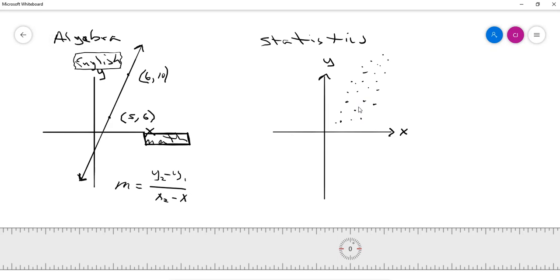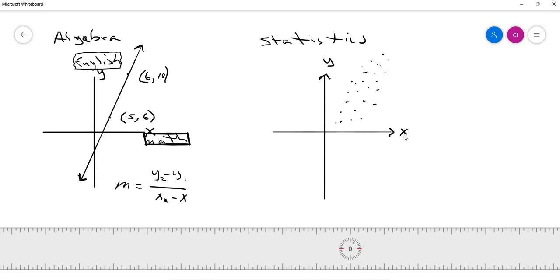But we want to learn just about linear models in this particular class. So when we talk about correlation, we're talking about linear correlation. So the first question is, is there a correlation between these two variables? Well, yes, always. There's always a correlation between two quantitative variables.